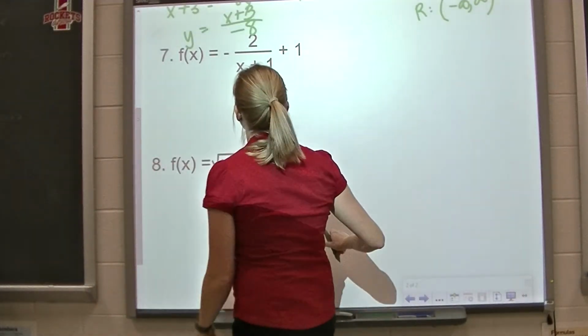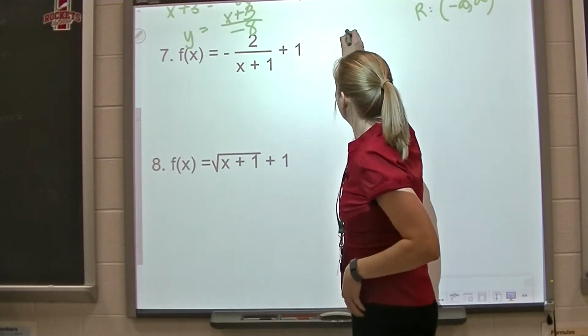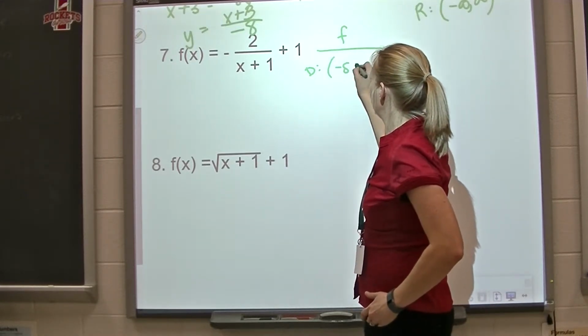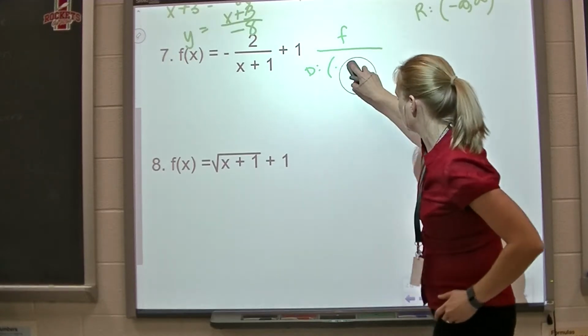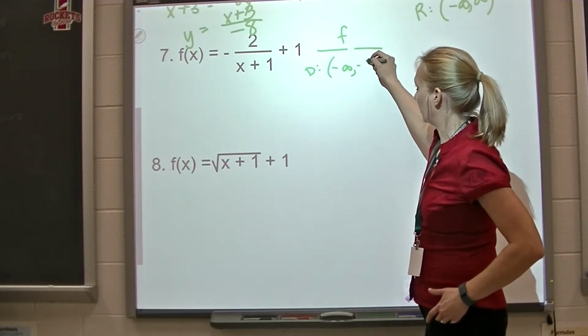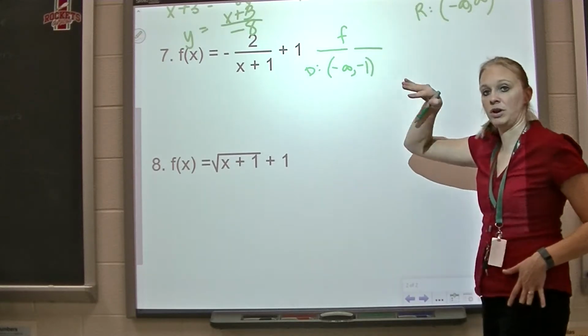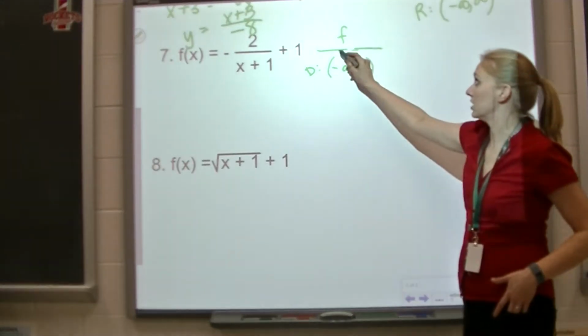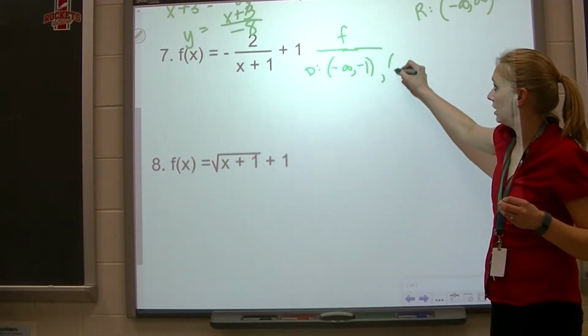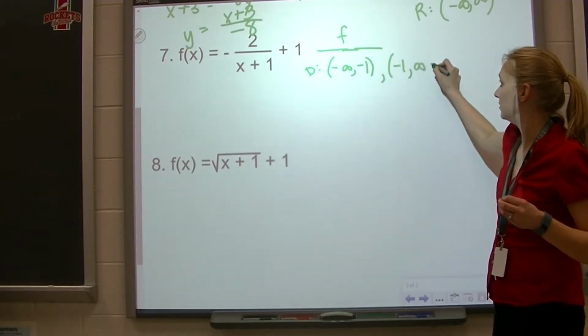So the domain of our original function is negative infinity to negative 1. And notice I'm putting a parenthesis, not a bracket, because I don't want to include it. And then it's also going to be negative 1 to positive infinity.